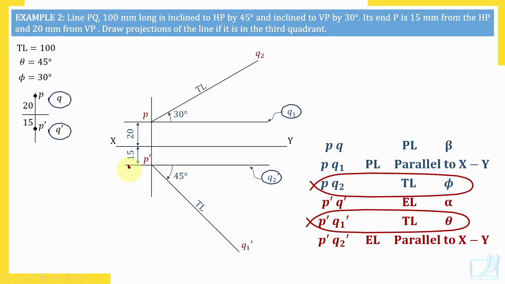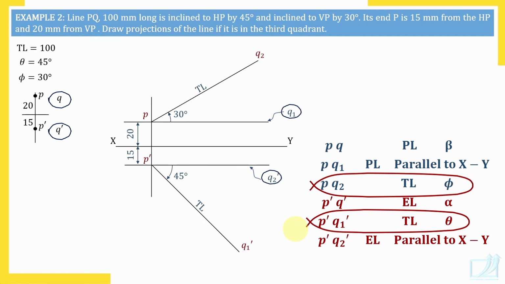And in this process, you will find that all 5 measurements will appear on the paper. So the first step in solving problems on projections of lines, using the 6 views logic, is to bring all measurements into your drawing. After bringing all these measurements on paper, the procedure is to draw horizontal and vertical lines through all labeled points.